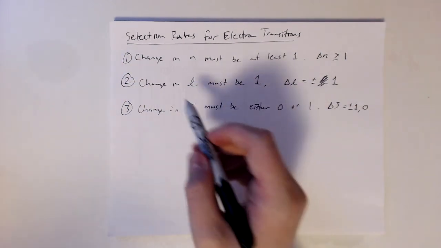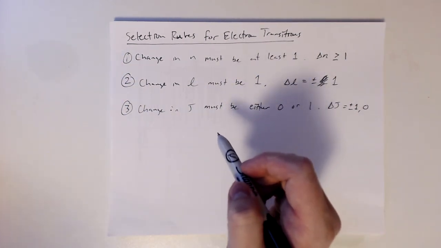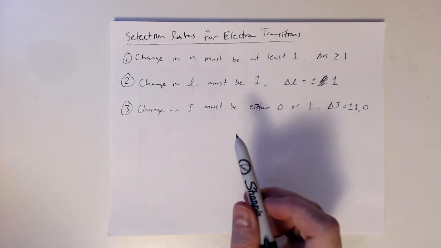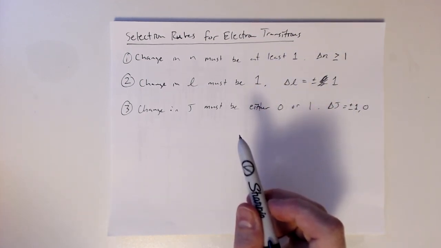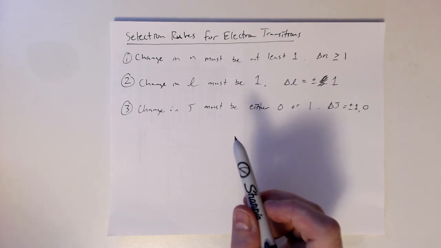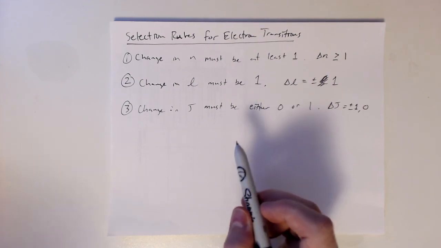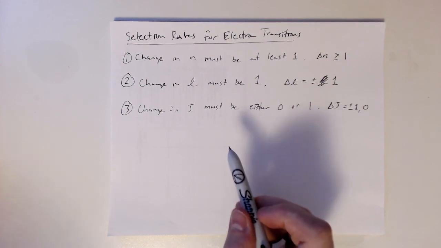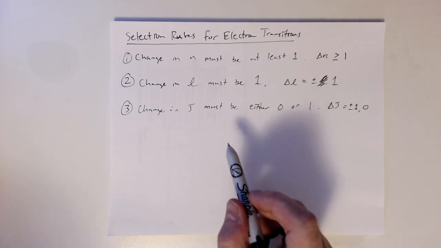So those are our three rules for valid electron transitions. And these explain why you don't see certain transitions. So let me switch over to the slides and let's see if we can identify particular ones that we've looked at before.